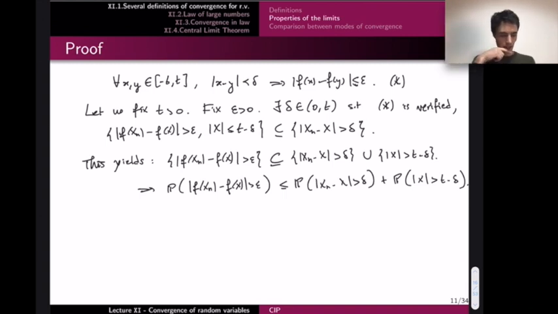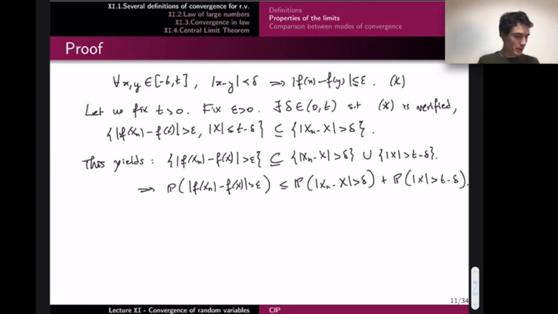So I fix t and epsilon, t large enough so that this is very, very small, and then I will have my delta. For this delta it suffices to choose n very, very large, because I know that xn converges in probability to x, so this goes to 0.